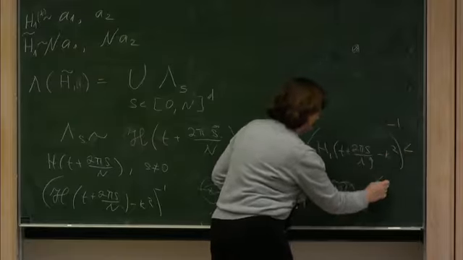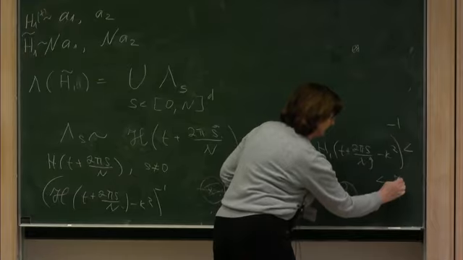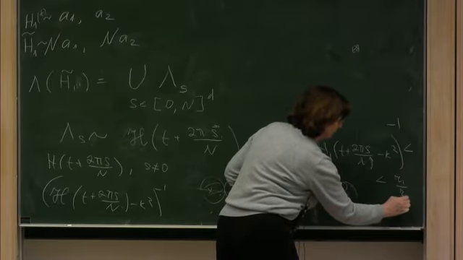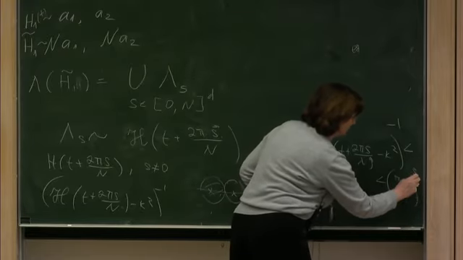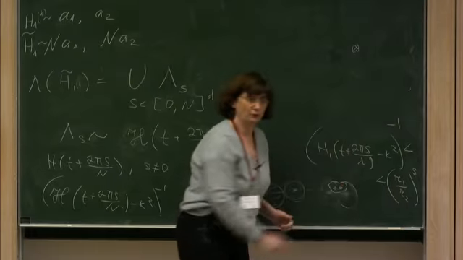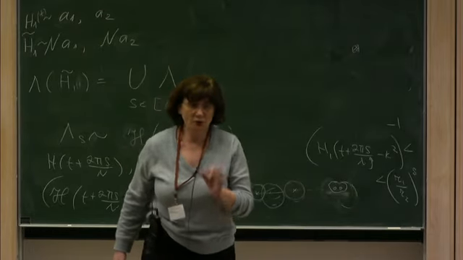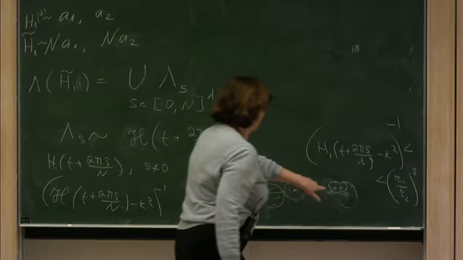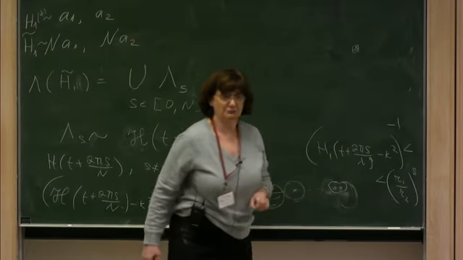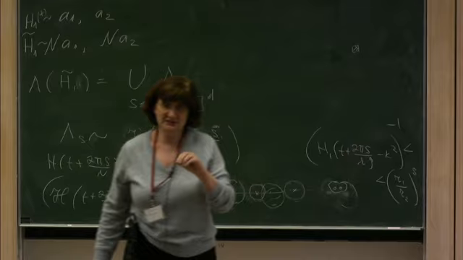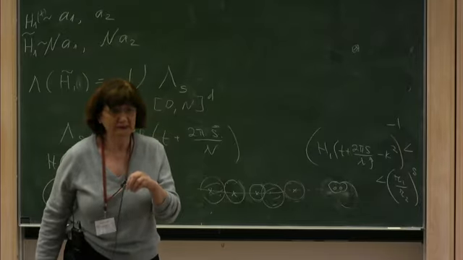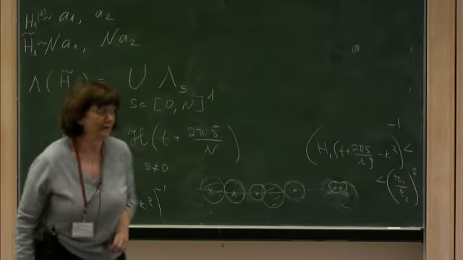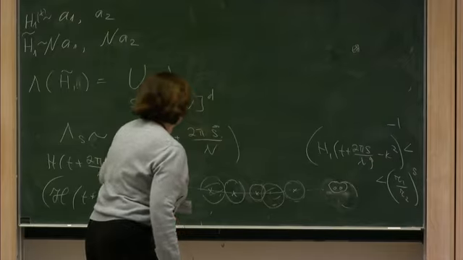And here we can control it by the ratio of the big radius to the small radius to the power of the number of poles inside. So when we took a much smaller neighborhood of these poles, our estimate for the resolvent got worse, but we still can control it.